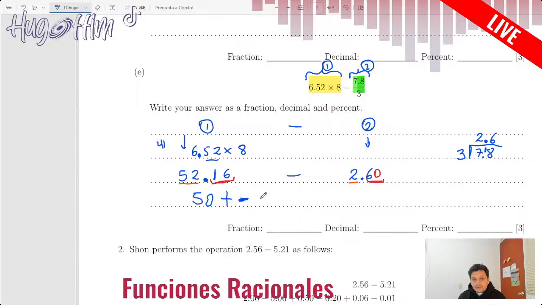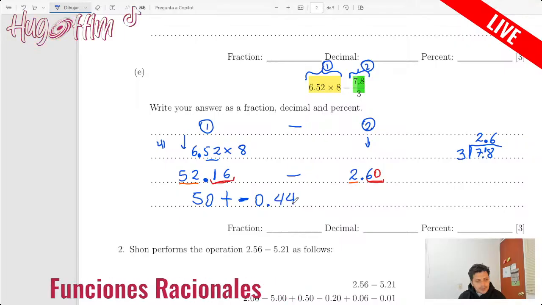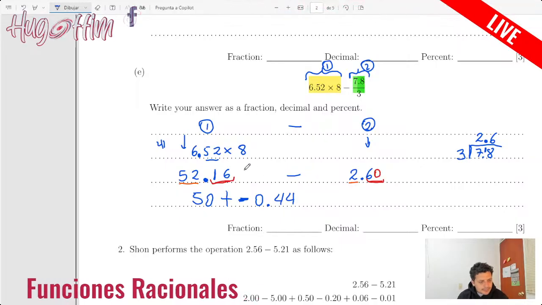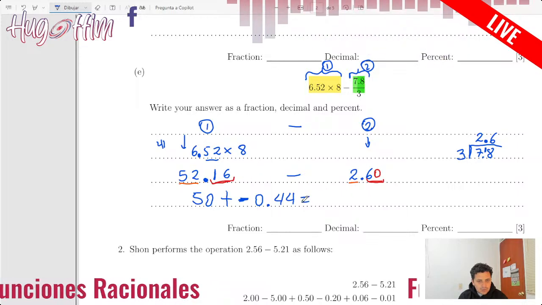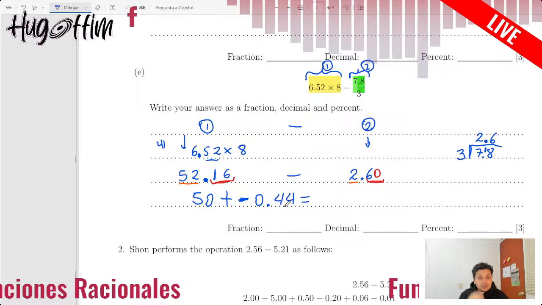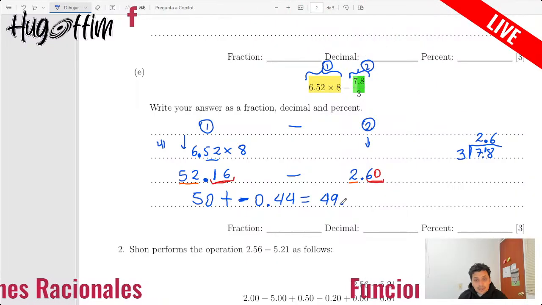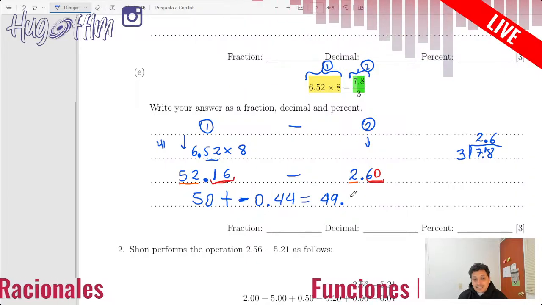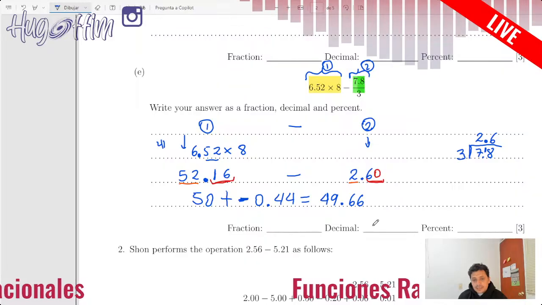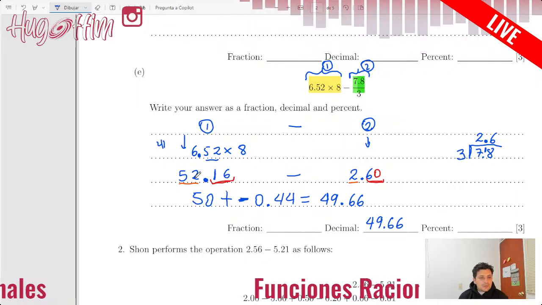So 0.44. Okay, so now I'm going to do the subtraction. 50 minus 0.44 is going to be 49, and what completes the 50.00 is 66, 49.66. That will be the decimal form, 49.66.